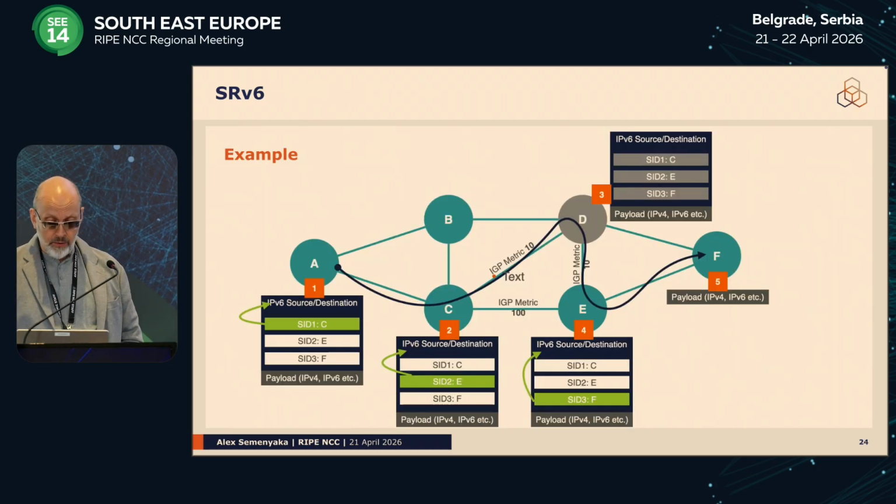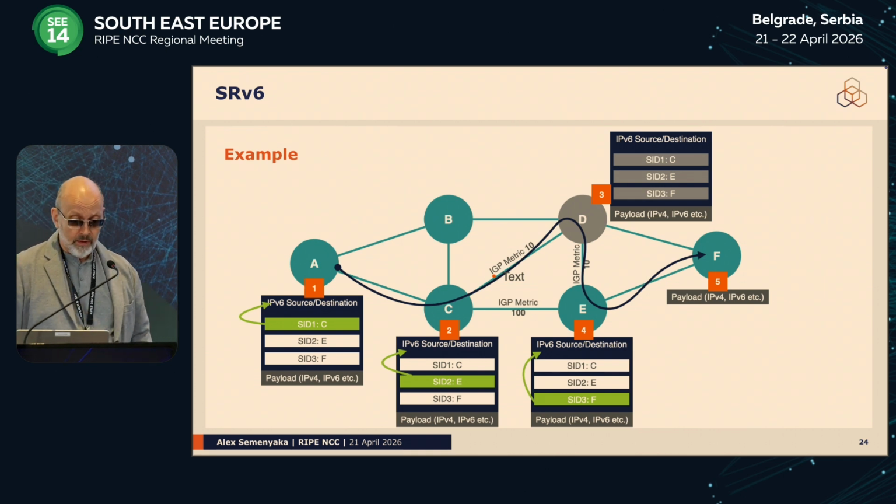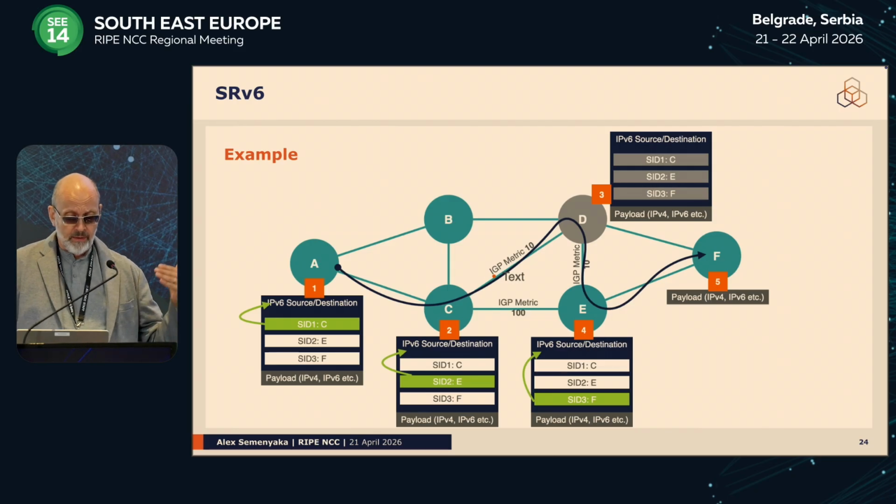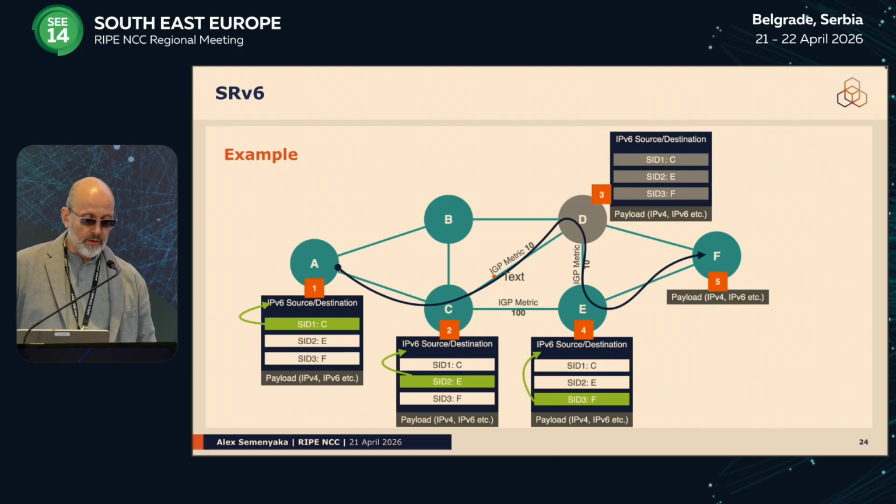And here is how it works. At the beginning, we start with the first segment, then this segment is copied to the destination IP. The packet goes through the network and reaches the corresponding node.